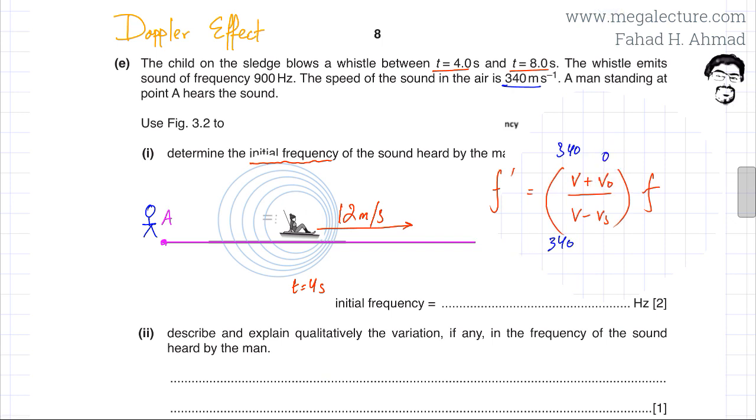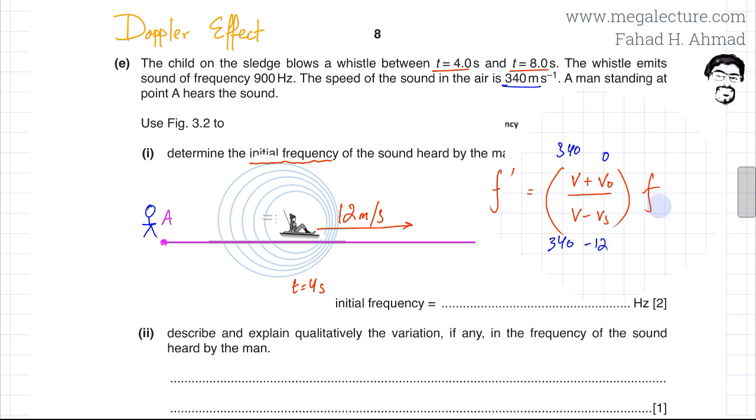And the velocity of the source, the person that's producing the whistle, is traveling at 12 meters per second. So it's going to be minus 12.